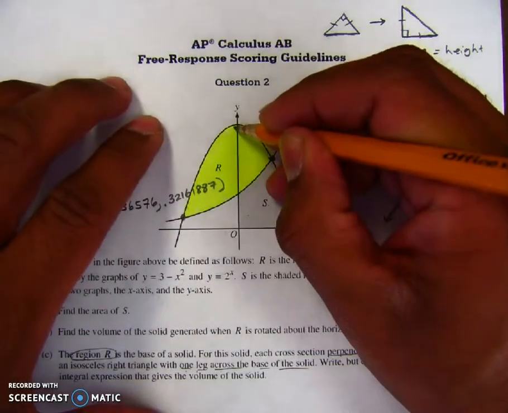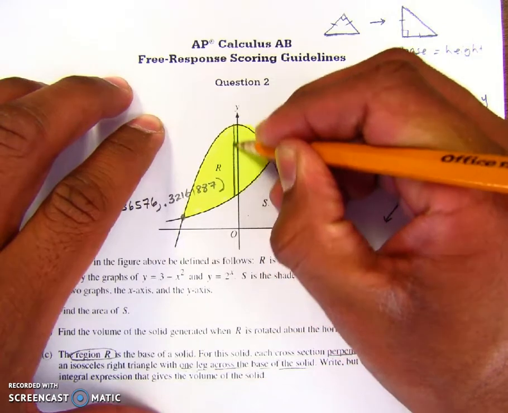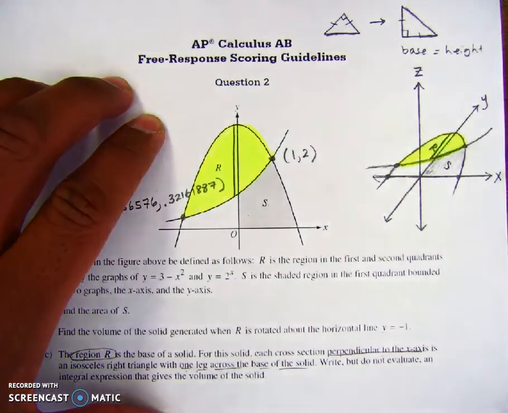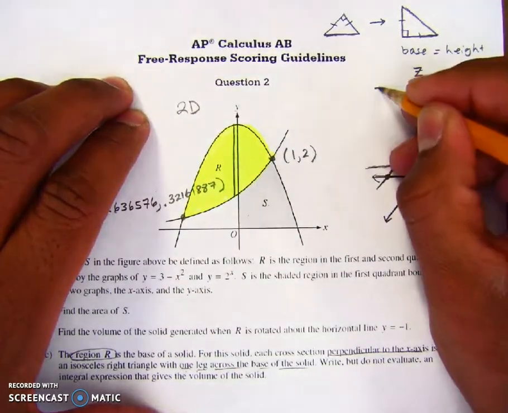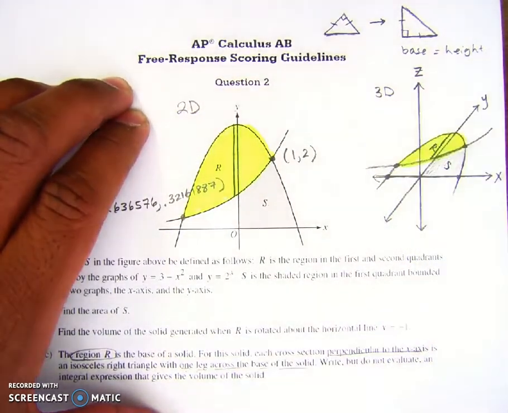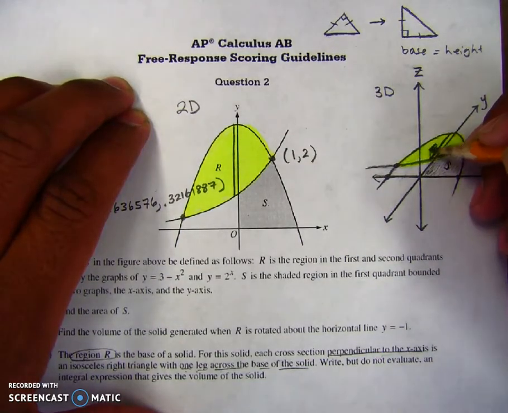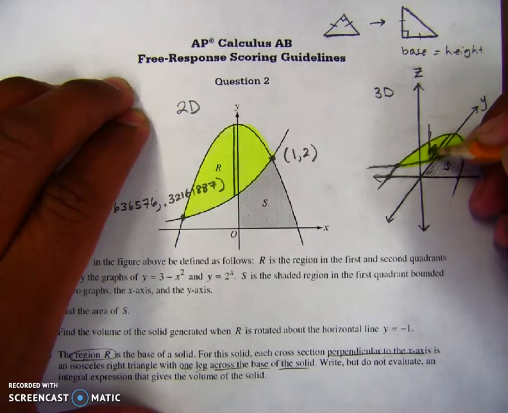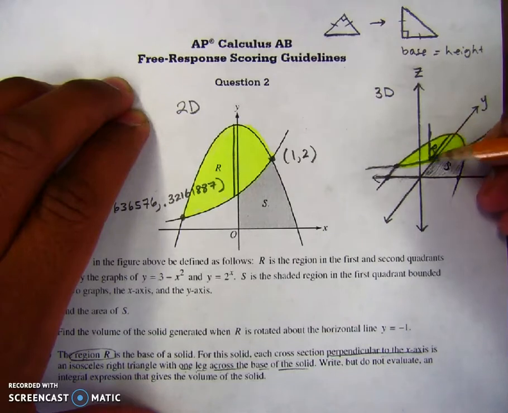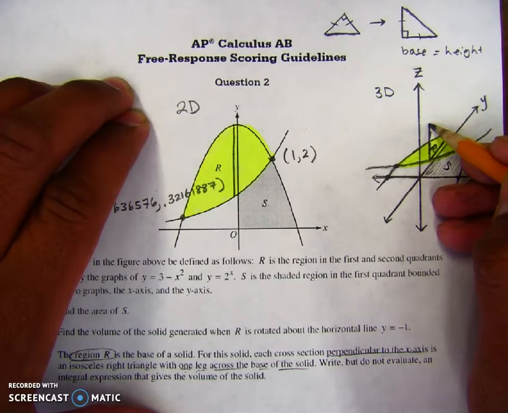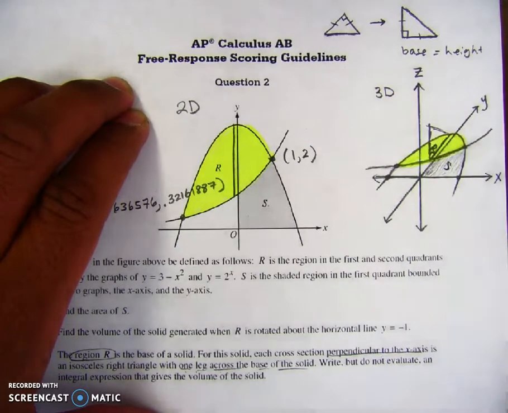In your 2D, that's pretty much what I've drawn here. So here's my 2D, this is my 3D. Then the height would look like this, and the hypotenuse will look something like that. This is the right angle here.